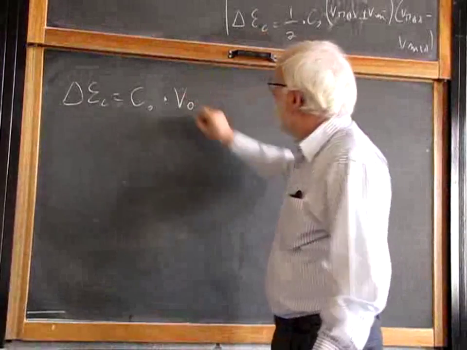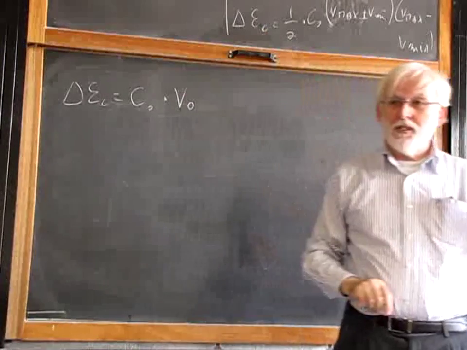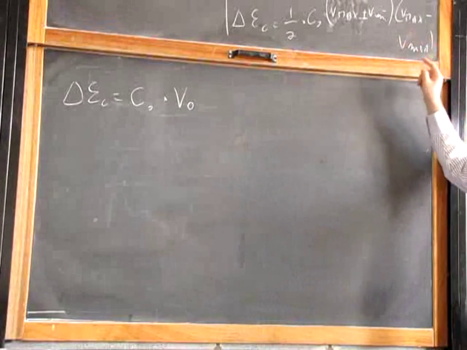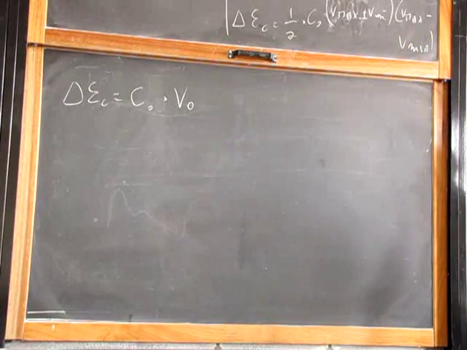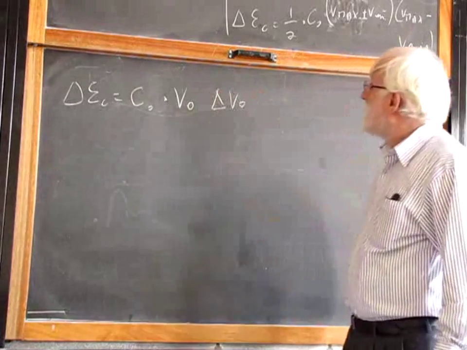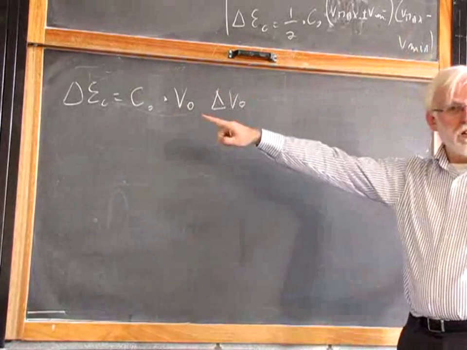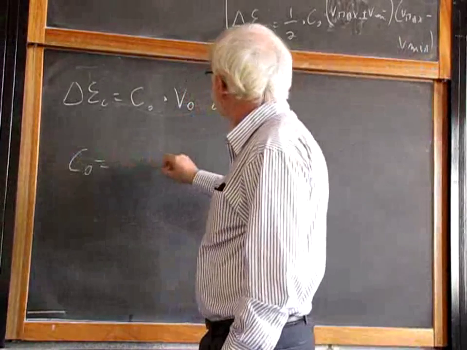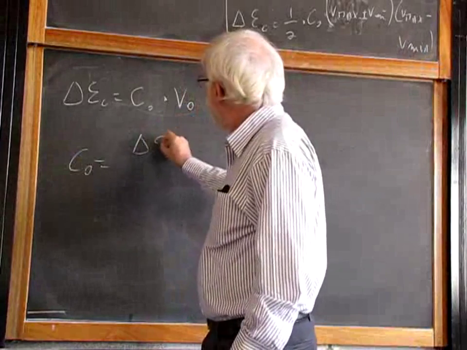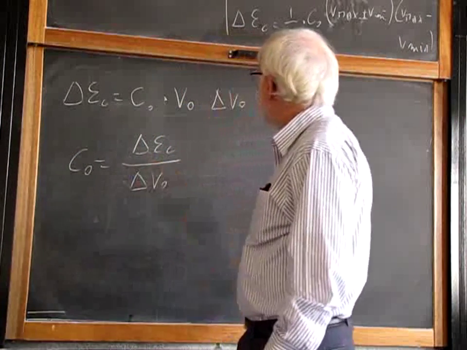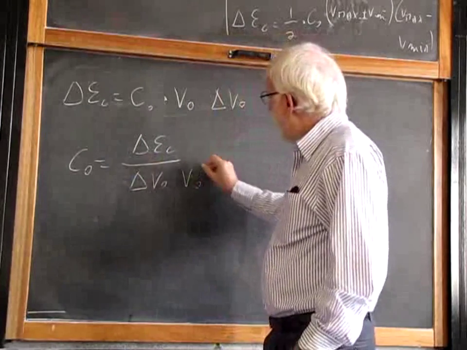So this is the average output voltage that has a ripple on top of it. And what is V max minus V min? That's the ripple, delta V out. And so now we can solve for C, the output capacitor, which equals delta E_C over delta V naught over V naught.